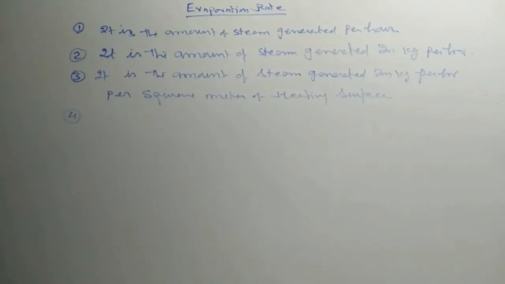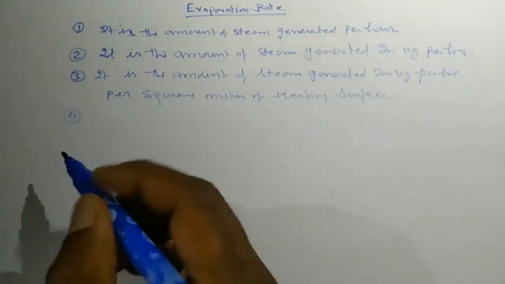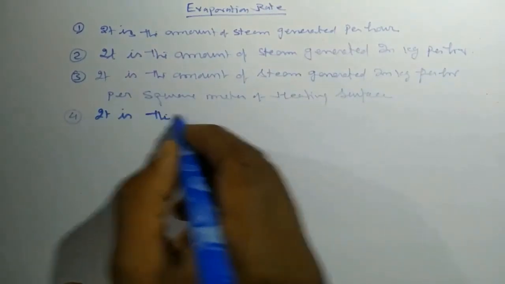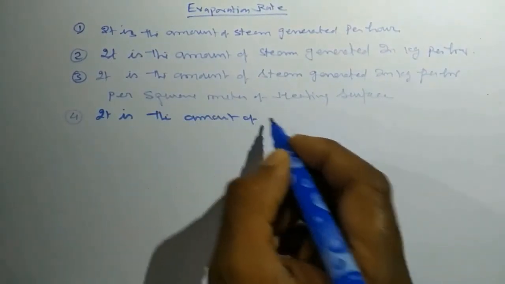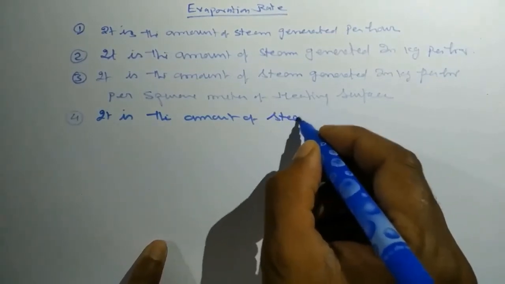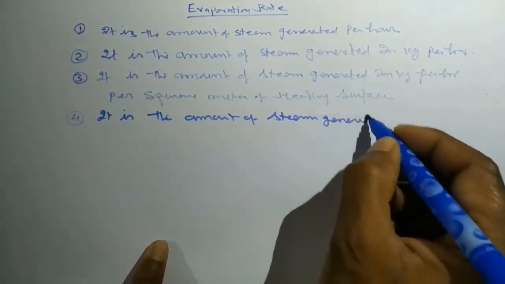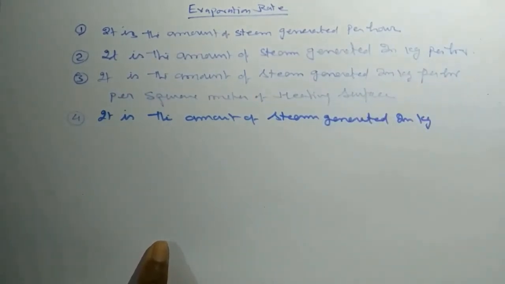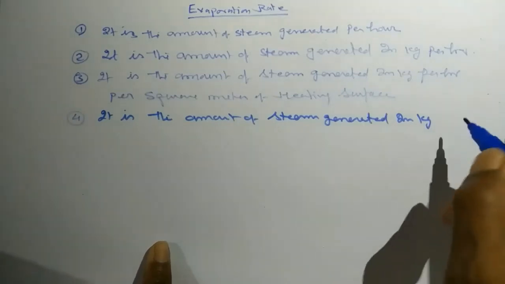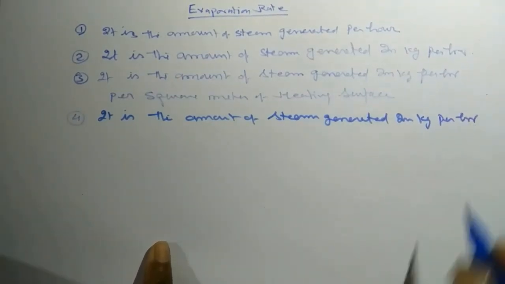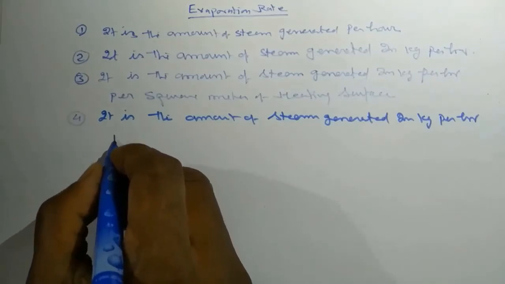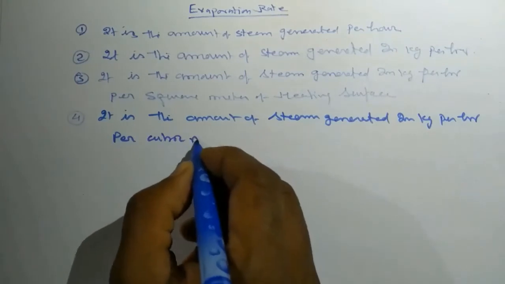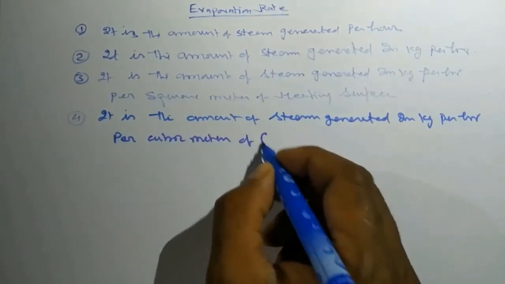Or we can also define evaporation rate as the amount of steam generated in kg per hour per cubic meter of furnace volume.